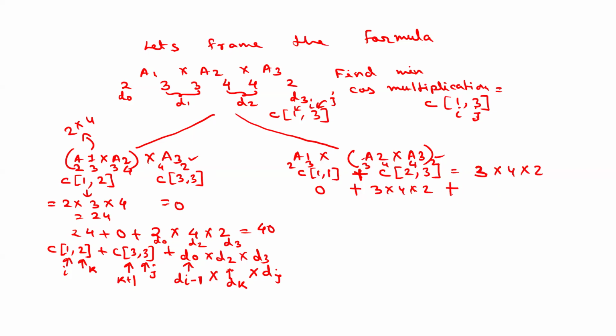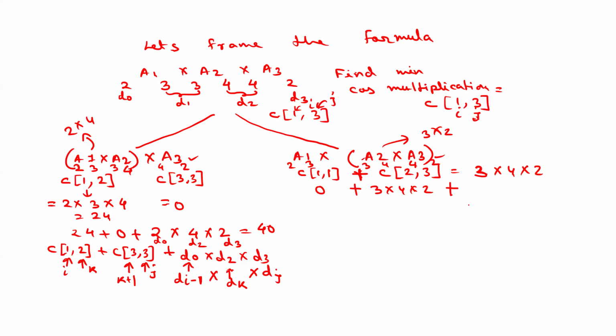And the plus means A1 multiplied with the resultant matrix of A2, A3. What is the dimension of the resultant matrix? That is 3 cross 2: rows of the first matrix cross columns of the second matrix. A1 is 2 cross 3 and the resultant matrix is 3 cross 2, so 2 cross 3 multiplied with 3 cross 2 is the final multiplication.